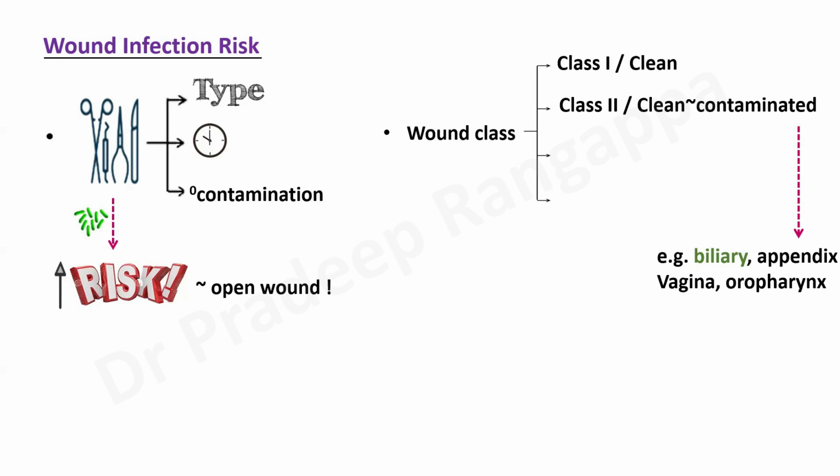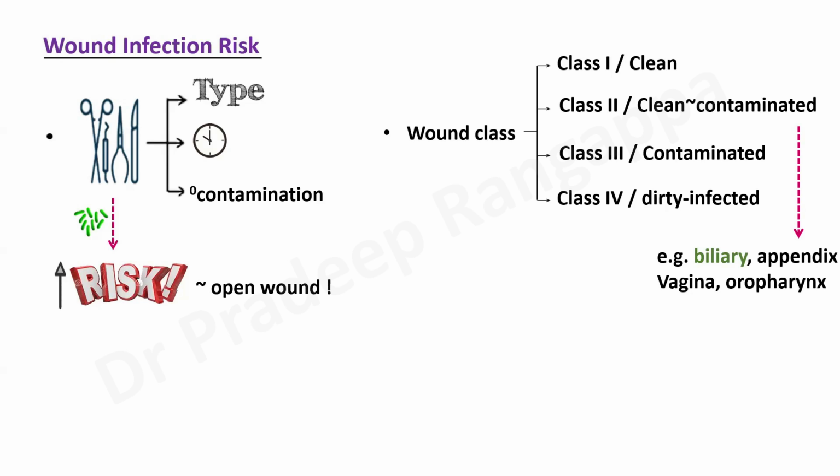So any of the surgeries involving these structures can lead to a clean contaminated wound. Class 3 is contaminated, where there is spillage of infective elements into the body spaces, or perforated viscus, and so forth. Class 4 is very obvious, a dirty infected wound, secondarily infected, and even perforated viscus with a lot of spillage also comes in this dirty infected wound.